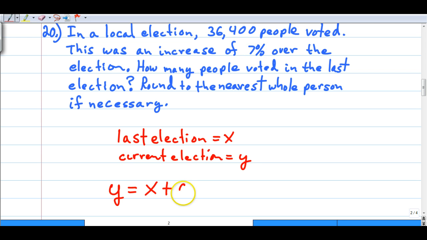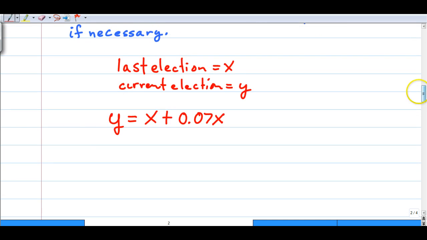So this will be 0.07, if we put it into decimal form, times 7% of the last election, which we know to be X. So 0.07 times X. Now we have a formula to work with. We know that Y, the current election, is equal to 36,400. So we'll plug that value in for Y.